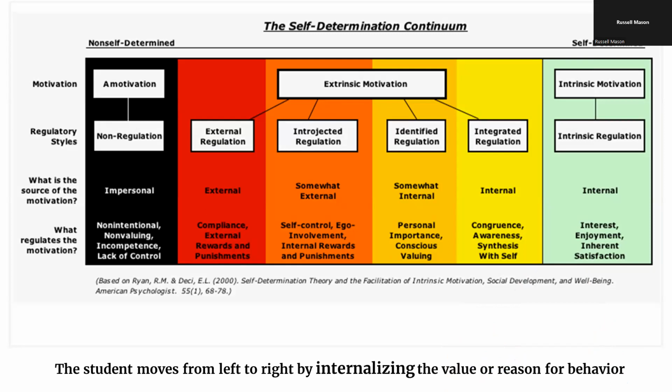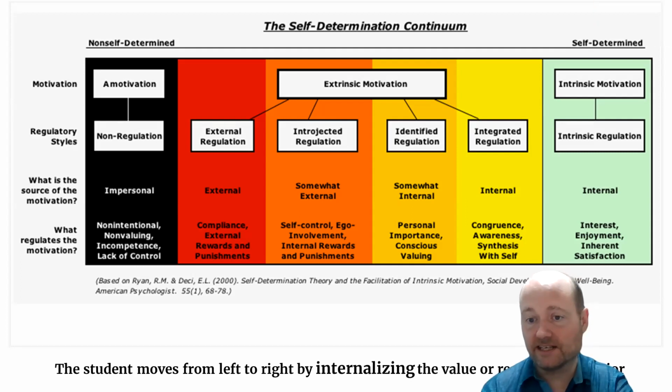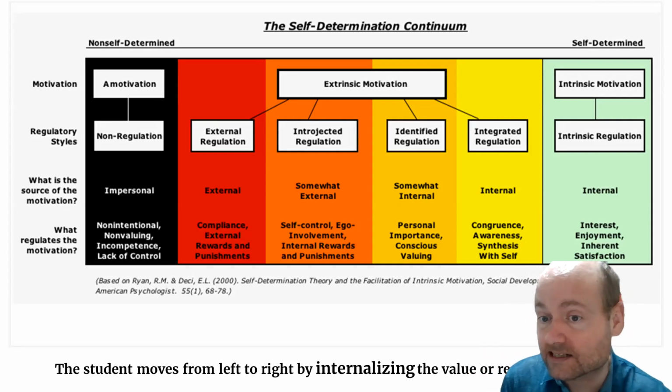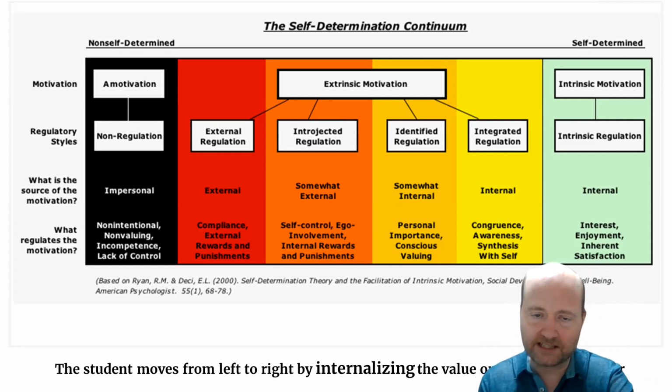We move to the red part and we can see that the motivation is mainly external. So it says compliance, external rewards and punishments. So this is very common, I think, in the education system. And it's a very common way of understanding or a very common practice of how students should be motivated.